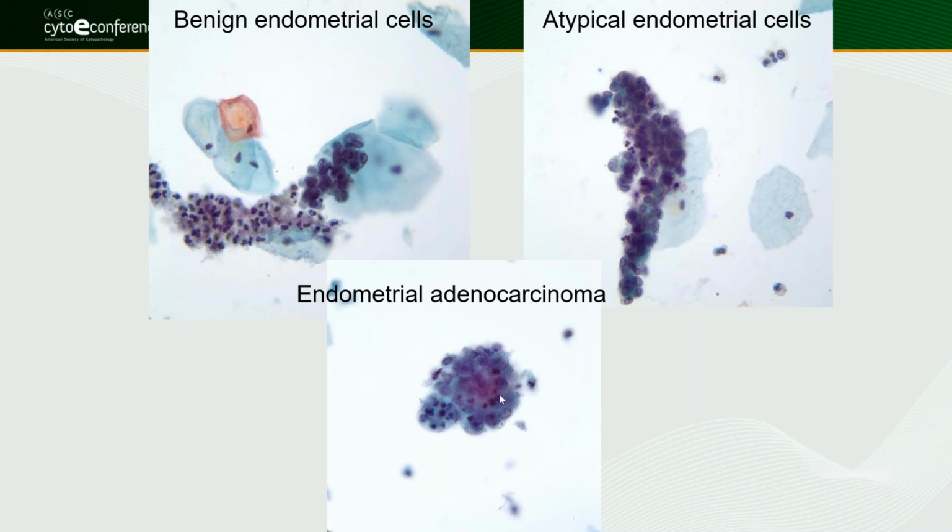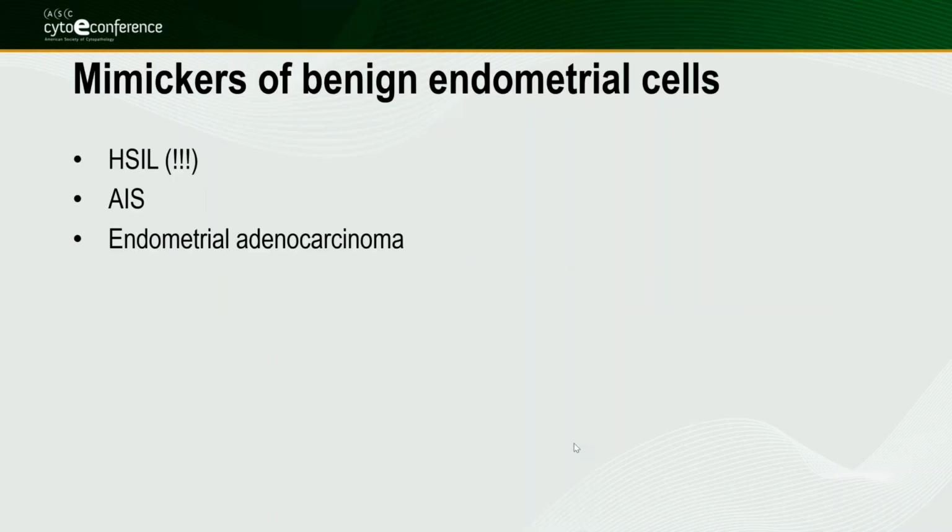And nucleoli become more obvious in the adenocarcinoma, and also the normal endometrial cells don't have these cytoplasmic vacuoles, so you'll start to see them in atypical, then in endometrial adenocarcinoma. So this is again kind of a summary picture for the endometrial cells.